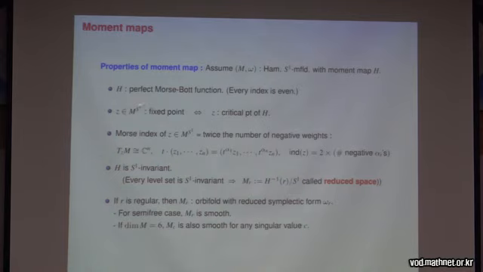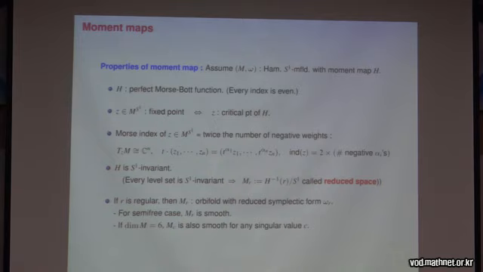And the main technique is to analyze the properties of the moment map. If we have a Hamiltonian circle action, then the moment map is a perfect Morse-Bott function, and in particular, every index is even.